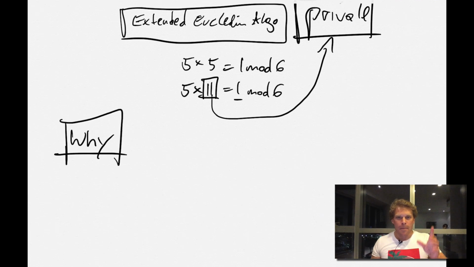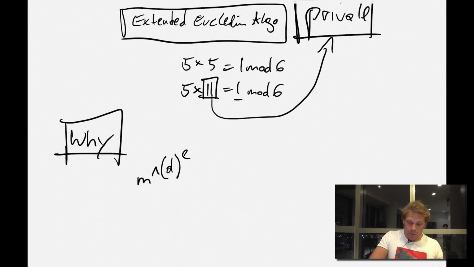work? Basically, what you are asking, and this is the key thing, is m, message, to the power of first the decryption key, then the encryption key, equals the message again mod n.